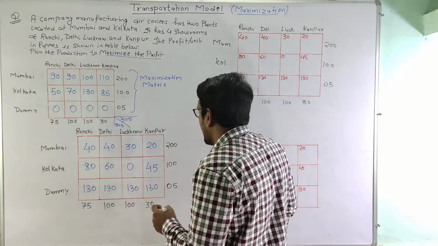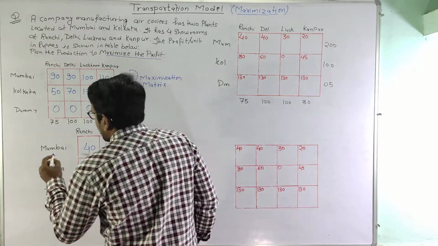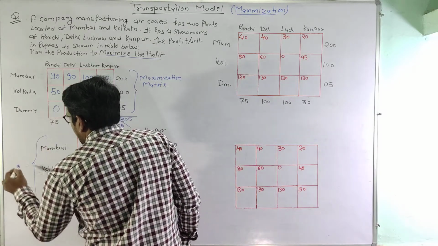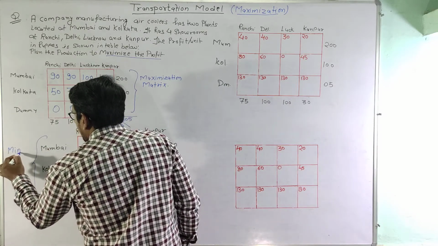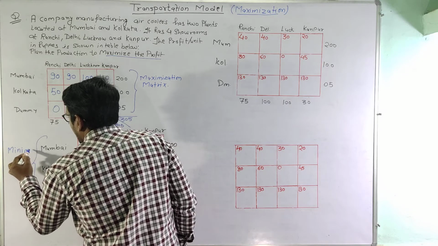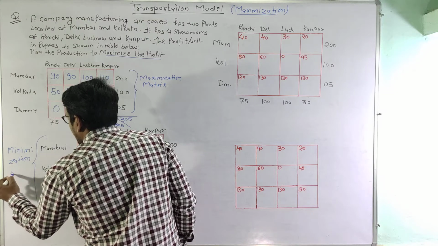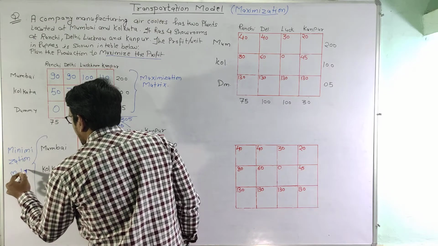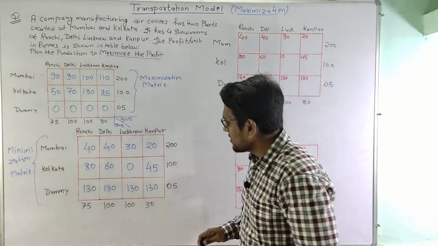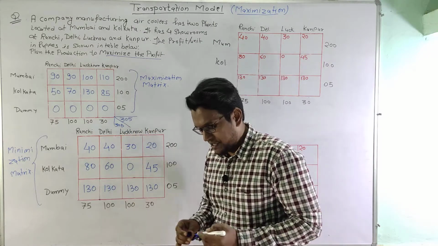So here we have converted this into minimization form. So this is the minimization matrix, and now we will start solving with this matrix.